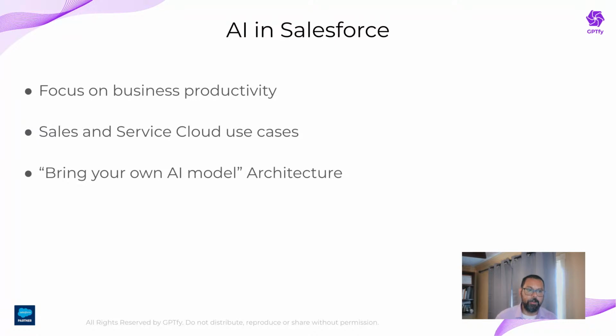It's not about developer productivity. We will dive deeper into how you can address common use cases for Sales and Service Cloud, and really get into advanced prompt writing, prompts that can go to production and actually solve your end user problem. They are non-trivial prompts, most of them. And basically, we are a bring your own AI model architecture product.